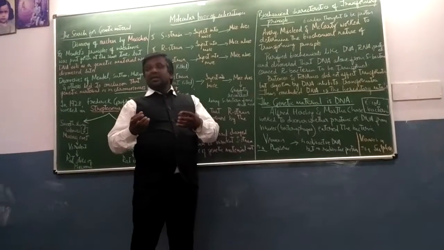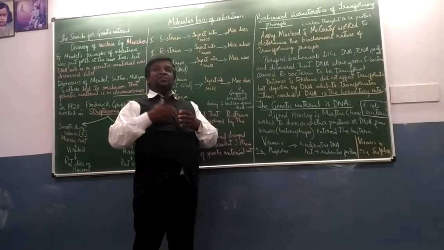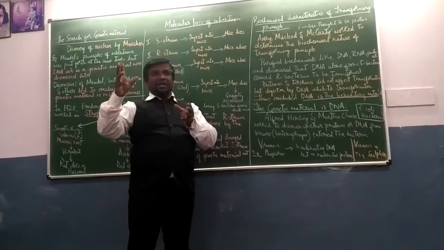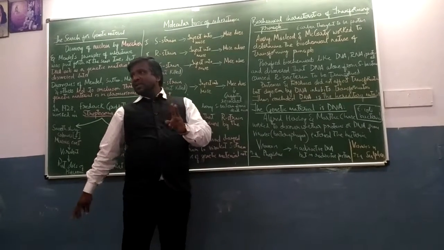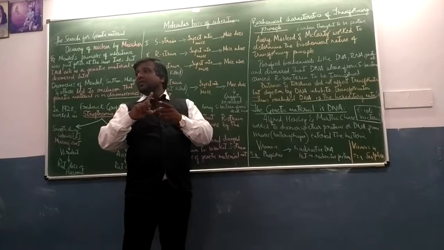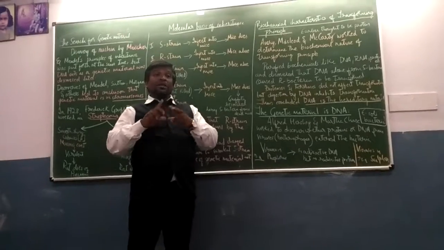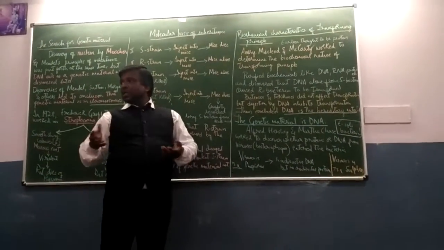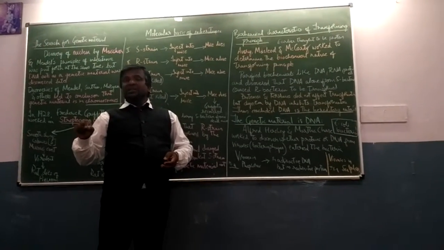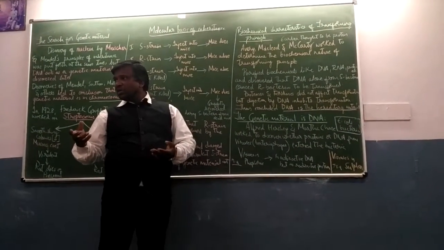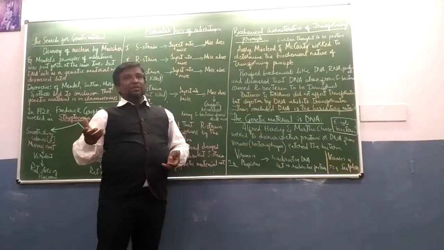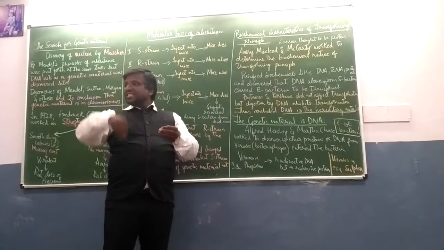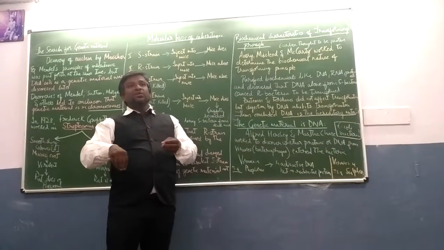They found that the DNA has entered, whereas the protein coat remained outside. You know that viruses are made up of two materials, protein and nucleic acid. The protein coat, the skeletal framework, remained outside. That protein coat without genetic material, we call it a ghost.